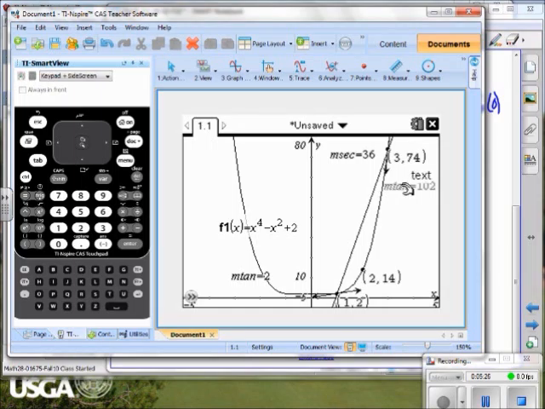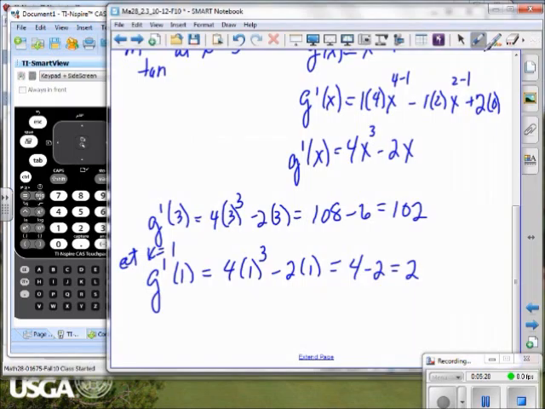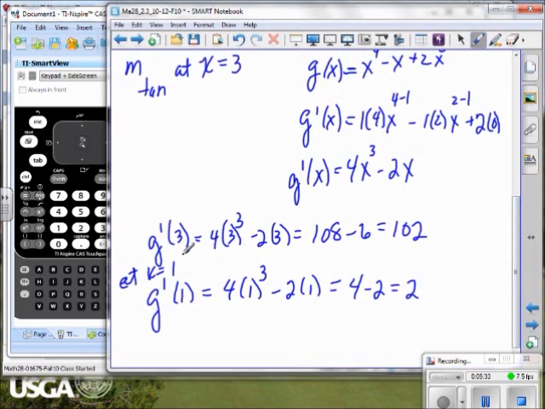So now what we have here is that instantaneously, at the point where x equals 3, how fast are the slopes changing?